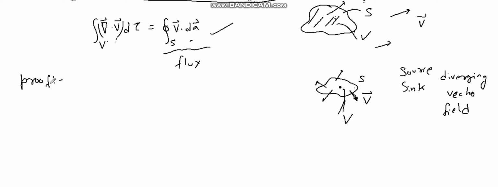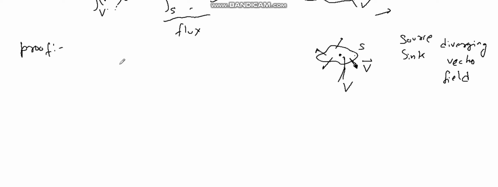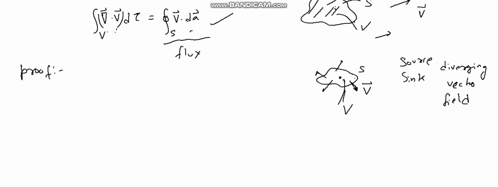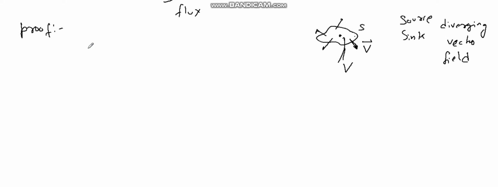One thing I wanted to say here is that of course it is true for any closed surface, but I am going to take a cuboid and prove the theorem for the cuboid surface.